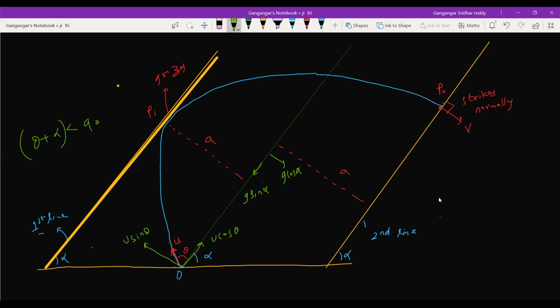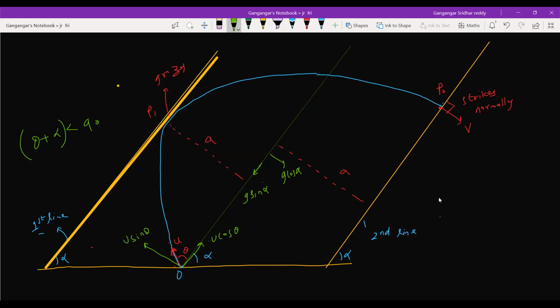Okay, fine. Because I had to draw a diagram very specifically, I already told you the particle will not strike on the left side of O. It will go and strike at point P1. So the theta and alpha will be adjusted like that. That's what he's asking, theta plus alpha.